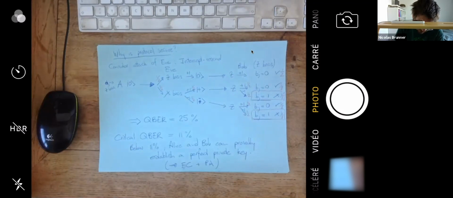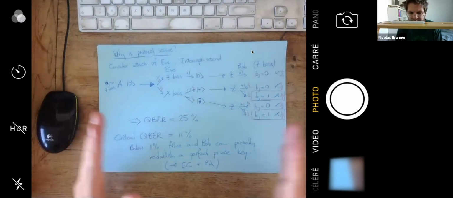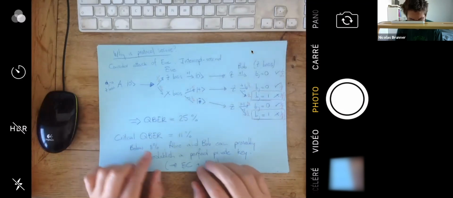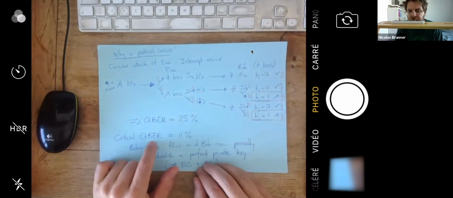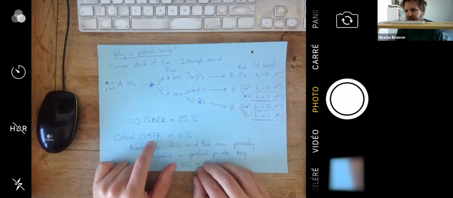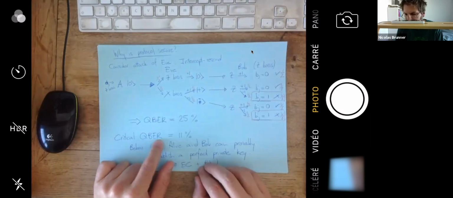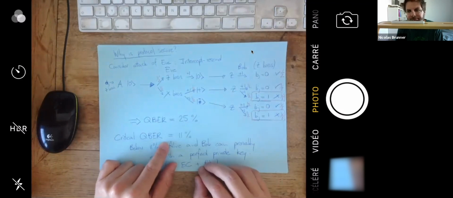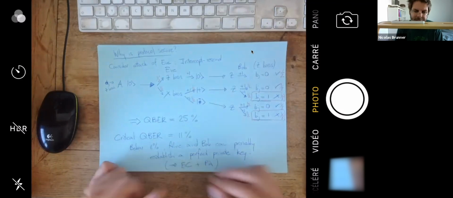I see. But of course, how much you have to shorten the string will crucially depend on the qubit error rate. If you have 1% error, you need to perform much less error correction than if you had 10% errors. Right. Okay.